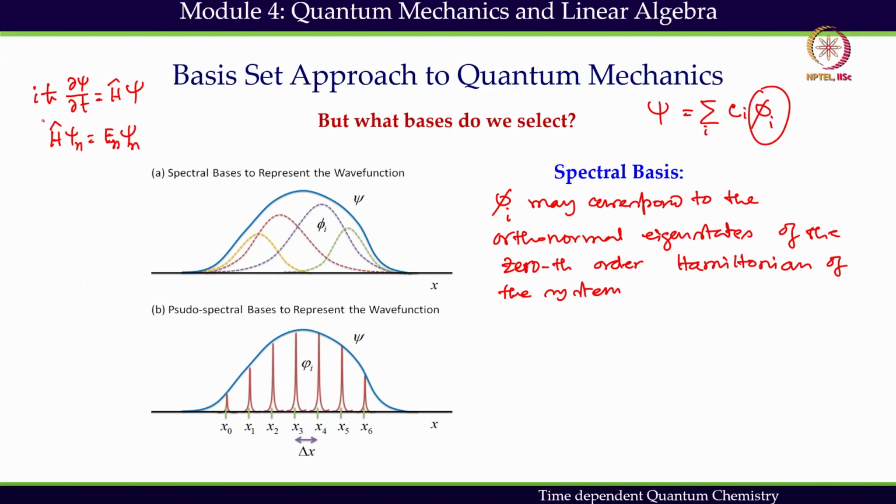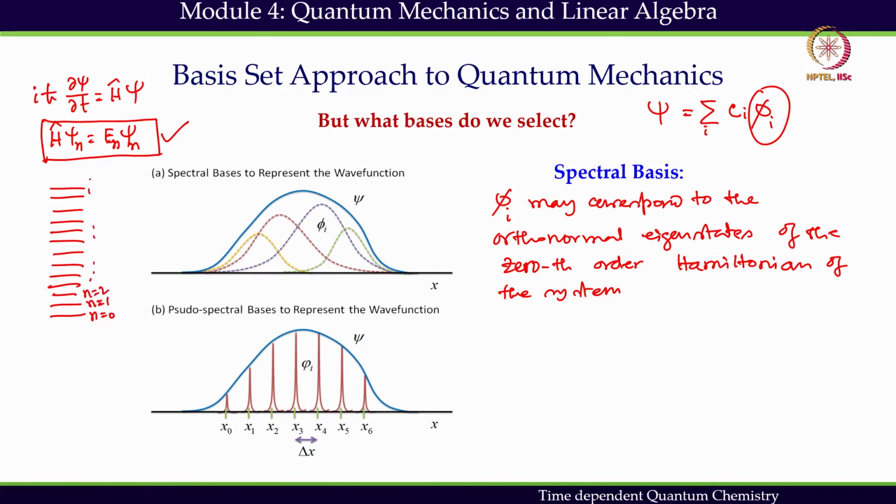So, this equation gives me a set of solutions. These are the eigenstates of the system. Just like for a particle in a one dimensional box, we solve the time independent Schrodinger equation and get the n equals 0 state, n equals 1 state, n equals 2 state, and so on.